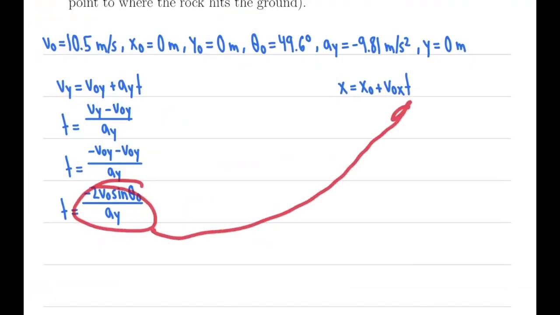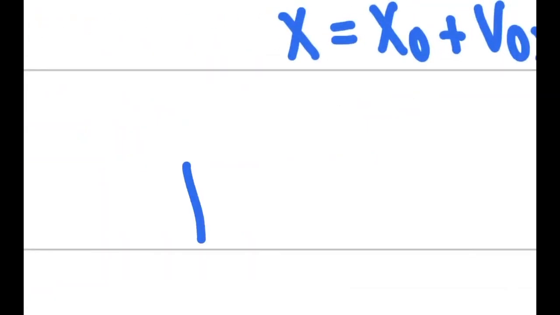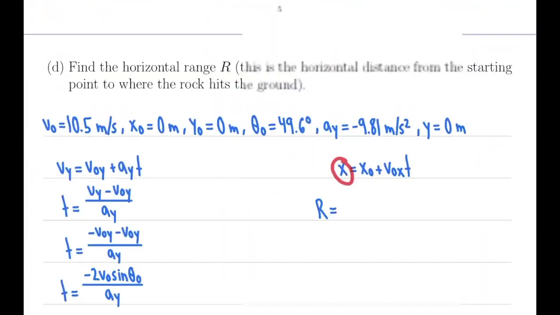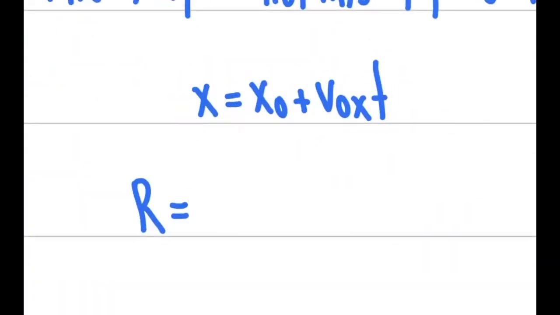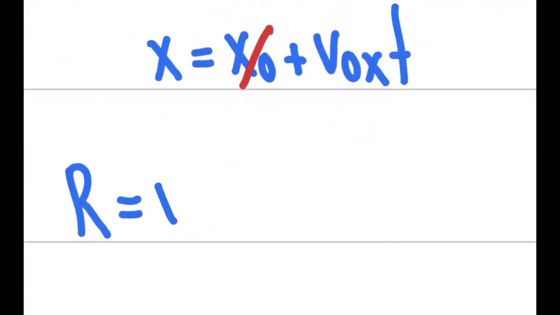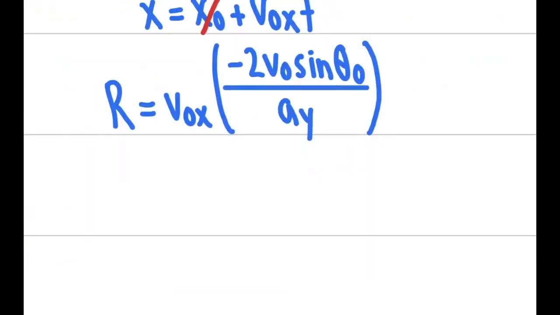We can plug it in to this equation and find x. So x is the range, so I'm going to call that r now. X naught is 0, and the final x position is r. We've got v naught x times t, which is this thing right here. v naught x is just v naught cosine theta naught, so I can put that in the numerator.